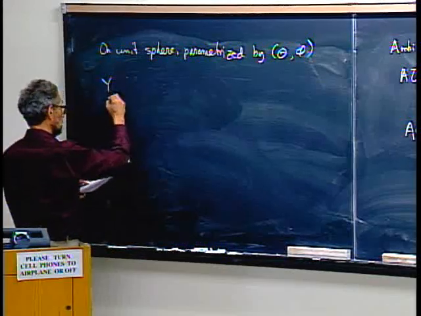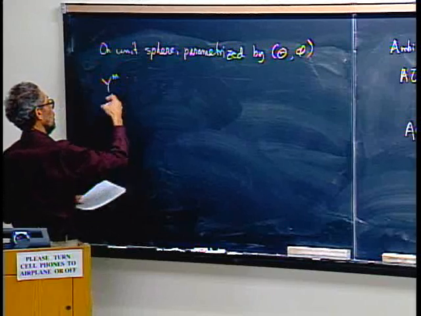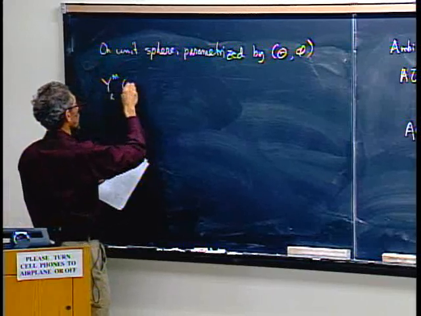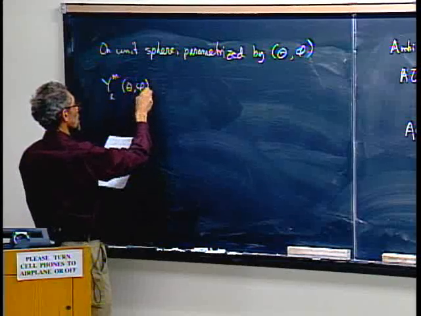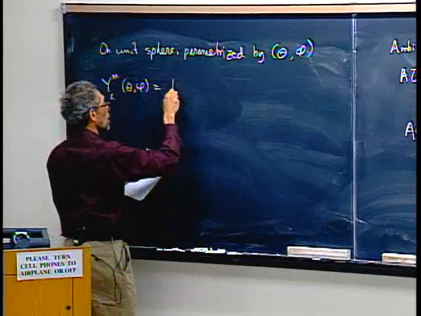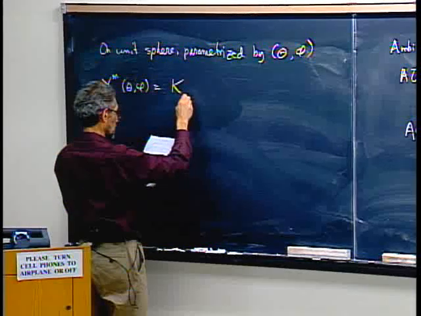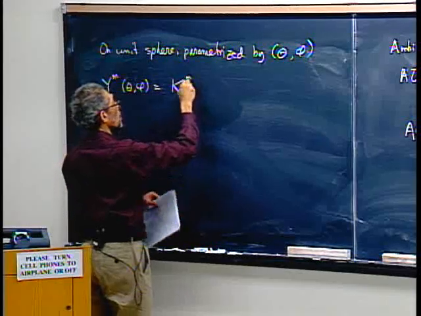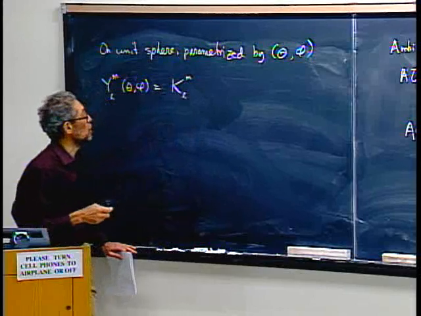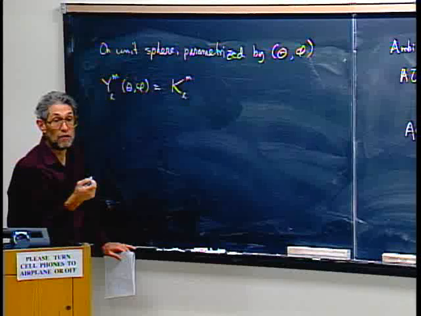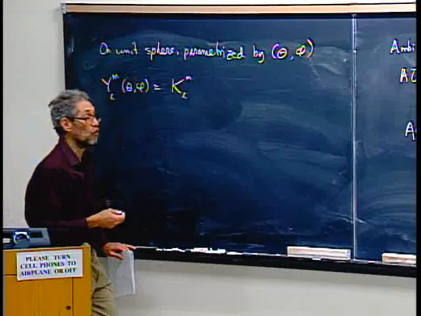Then Y, subscript l, superscript m, of theta and phi is some normalization constant, K l m, which you need to make the square integral of one of these functions with itself add up to 1 instead of some other complicated formula.